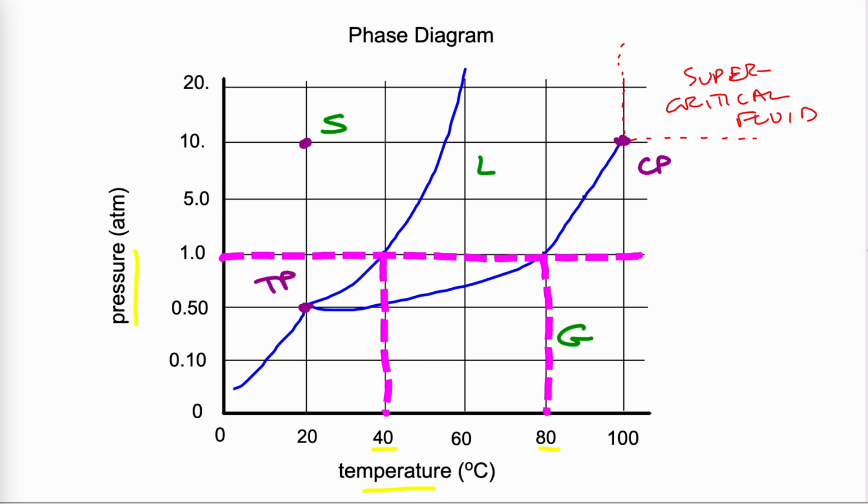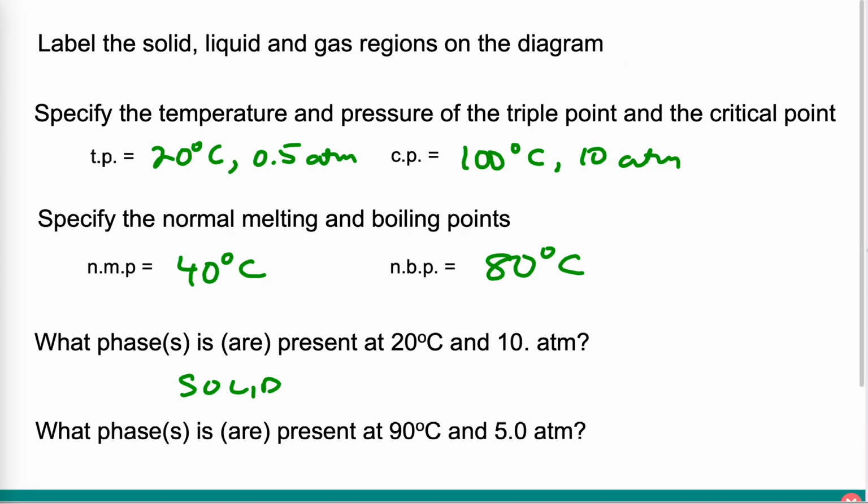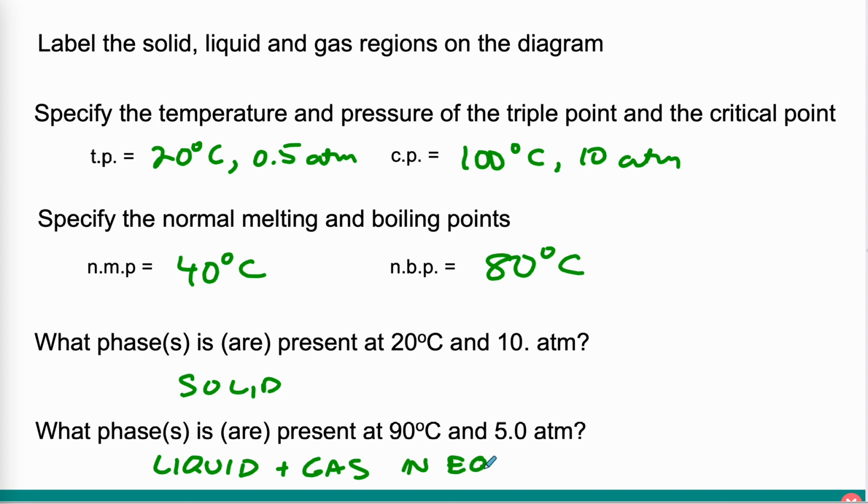Well, at 90 degrees Celsius and 5 atmospheres, oh look, I happen to land right on the liquid-gas boundary line. So what that means is that at that particular temperature and pressure, I have liquid and gas in equilibrium. What that means is that at a pressure of 5 atmospheres, the boiling point of the substance is 90 degrees Celsius.